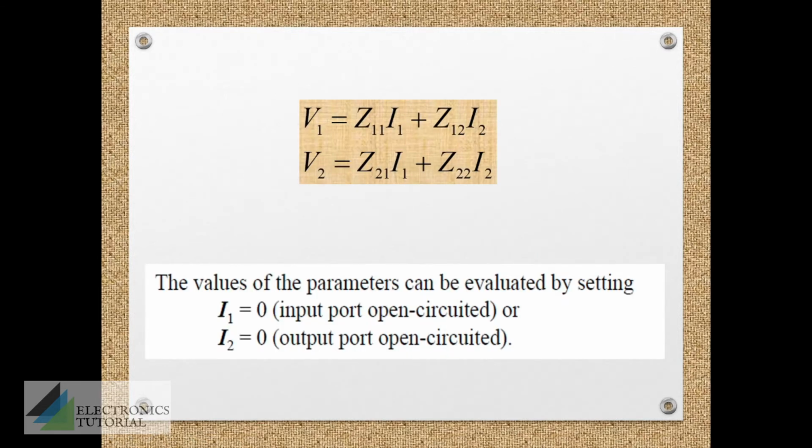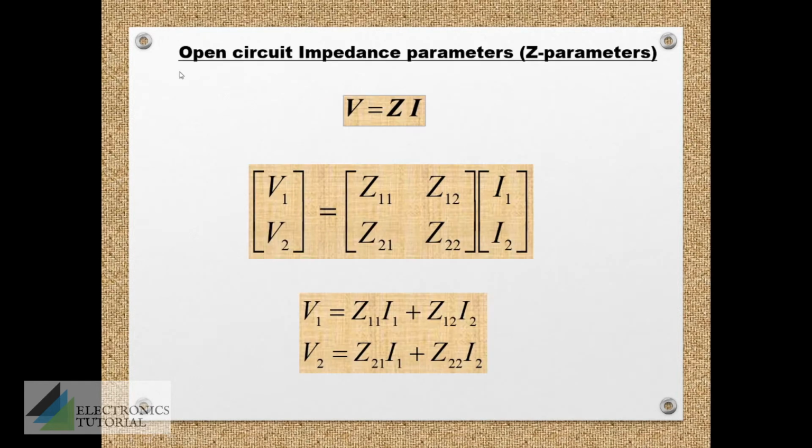Let's discuss these equations in detail. V1 is equal to Z11 into I1 plus Z12 into I2 and V2 is equal to Z21 into I1 plus Z22 into I2. I think you remember the other term used for a Z parameter, open circuit impedance parameter.